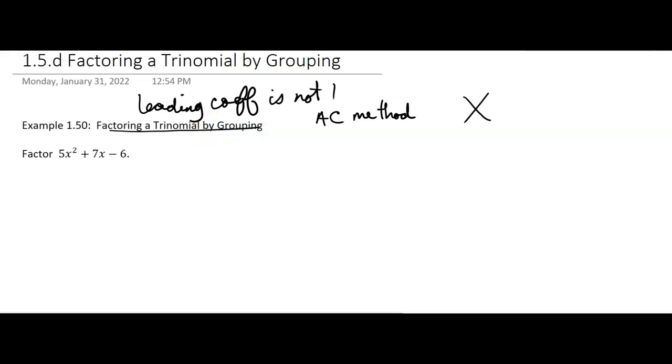So what you do is you want to find two numbers that multiply to be, you have to take the leading coefficient times the back constant. So we want them to multiply to be negative 30. That's why it's sometimes referred to as the AC method, because you have ax squared plus bx plus c.